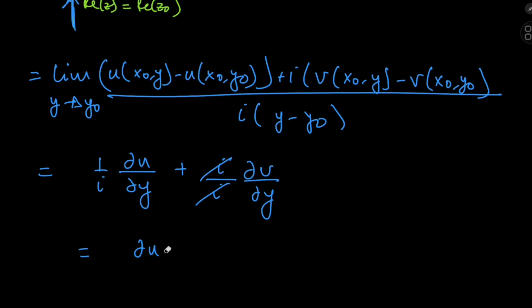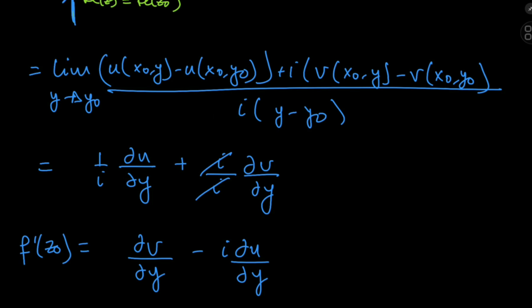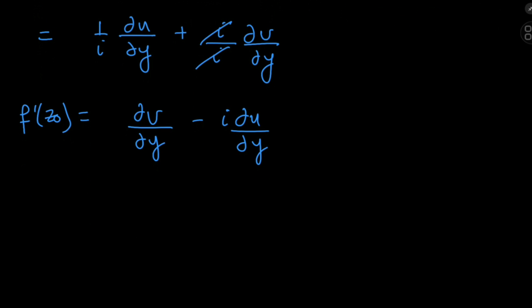So we have partial v by partial y minus i times partial u by partial y. So this is also the derivative of f at z naught. These are evaluated at z naught, because of shortage of space for the x naught and y naught terms.